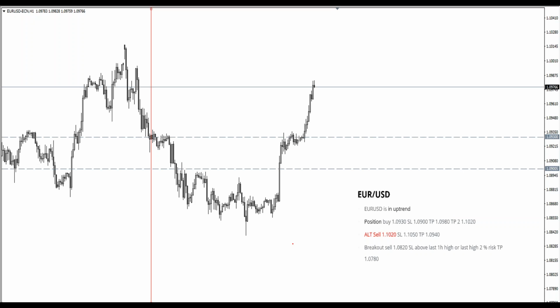It didn't break 0.820, but rather it stopped and reversed slightly above it. That is why I still think that if the price gets below 0.820, we can have some nice breakout trades to the short side. Okay, so that is what we also are paying attention.